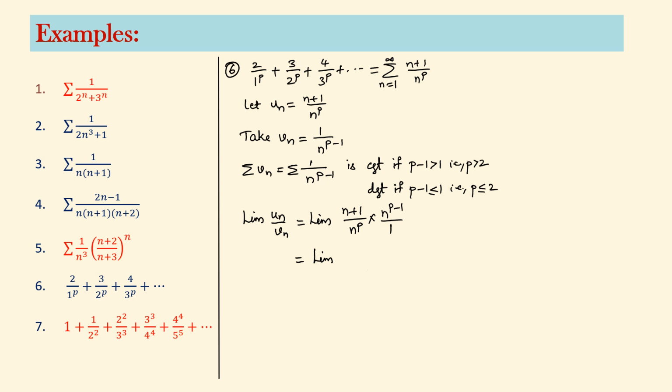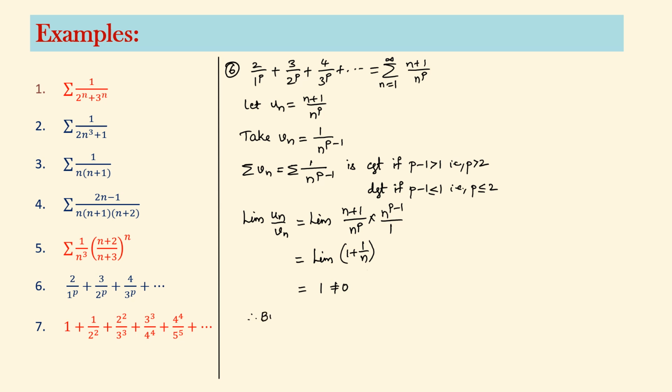Here if I take out n common, I have 1 plus 1 by n, and here n power p minus 1, n common is there, so p minus 1 plus 1, which is n power p. It gets cancelled with the n power p in the denominator. So we have limit of 1 plus 1 by n. Since 1 by n tends to 0 as n tends to infinity, this is equal to 1, which is not equal to 0.